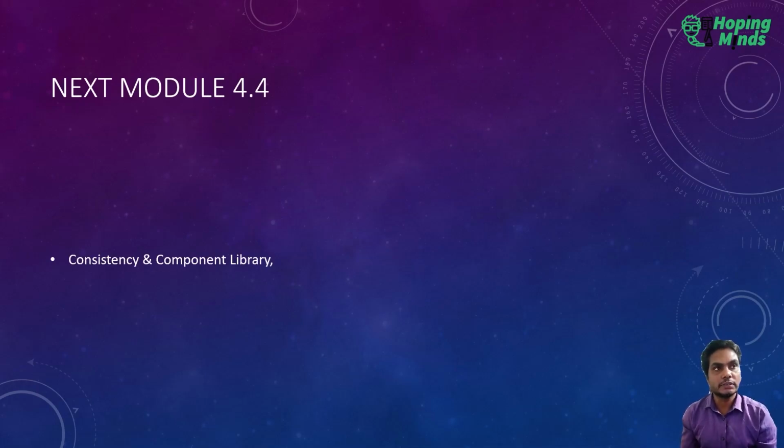Now in the next chapter of module 4.4, we are going to learn consistency and component library, and also include the same thing again, which is how to create a page for a mobile or a web, and how to format your content in a way that everything looks consistent and aligned, and Figma always helps you with auto layout and everything, so that should not be a problem.